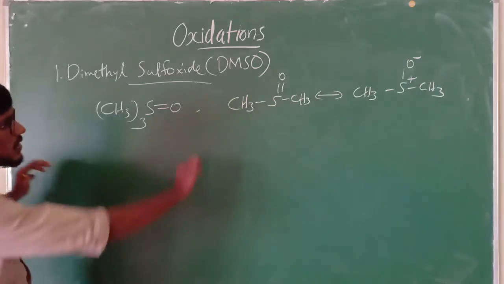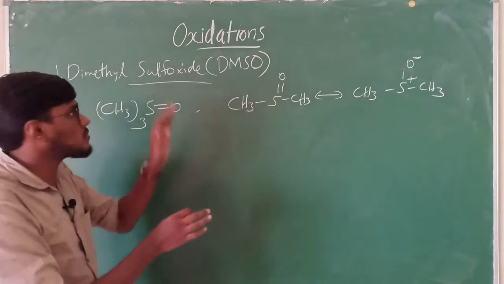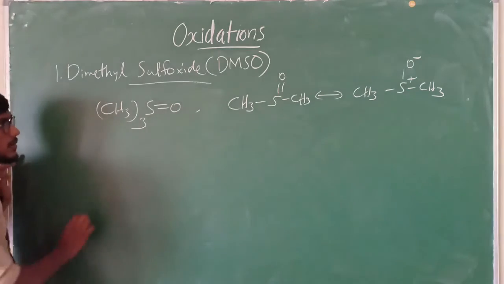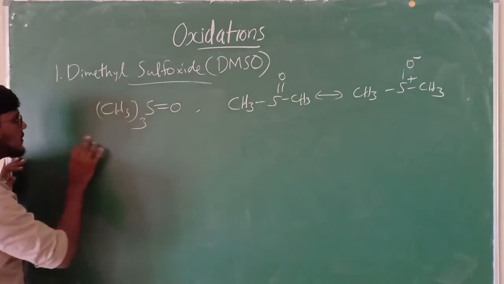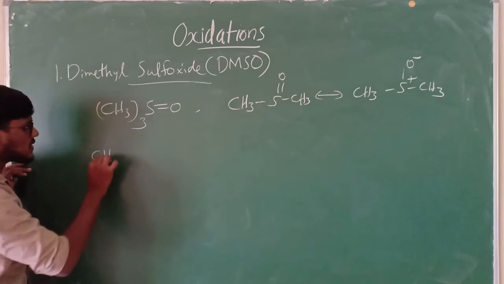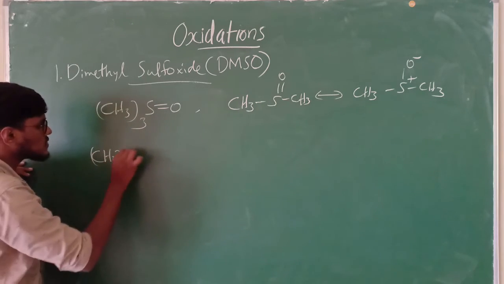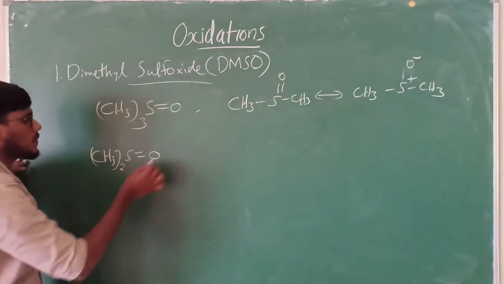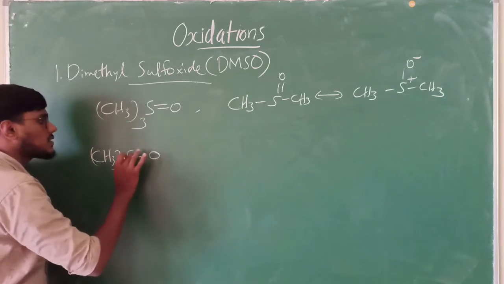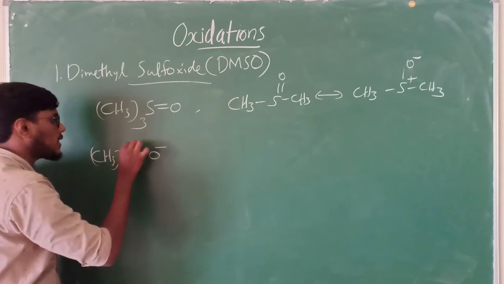First we are going to check a general mechanism of DMSO oxidation. Firstly, DMSO, that means CH3 twice S double bond O, or you can write it like this: S plus O minus.